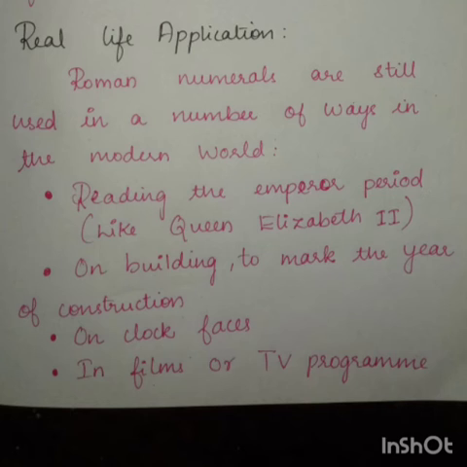They won't write using Hindu-Arabic numerals. The second one is on buildings. You can find the year written in Roman numerals, mainly on many British buildings. Next, in old clocks, which you can find in some public places, like a big clock tower, the face will have Roman numerals.